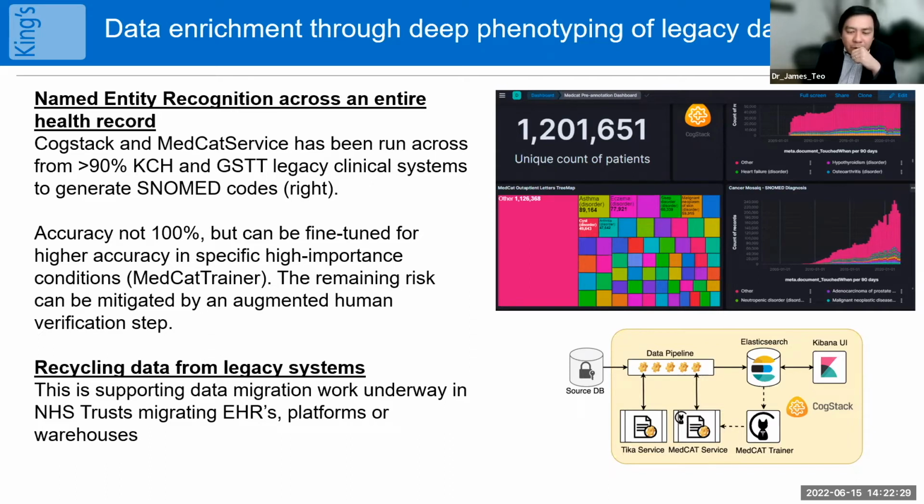What we are actually using it for right now is to recycle data from legacy systems when migrating EHRs or platforms or warehouses. We can feed these codes to registries. We can feed them to research projects. We can feed them to other services as required. And this has produced a very deep phenotype, because these are not just diagnosis codes.